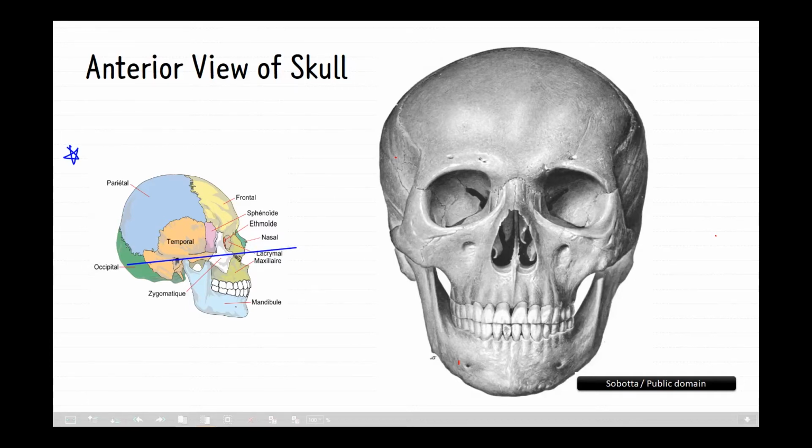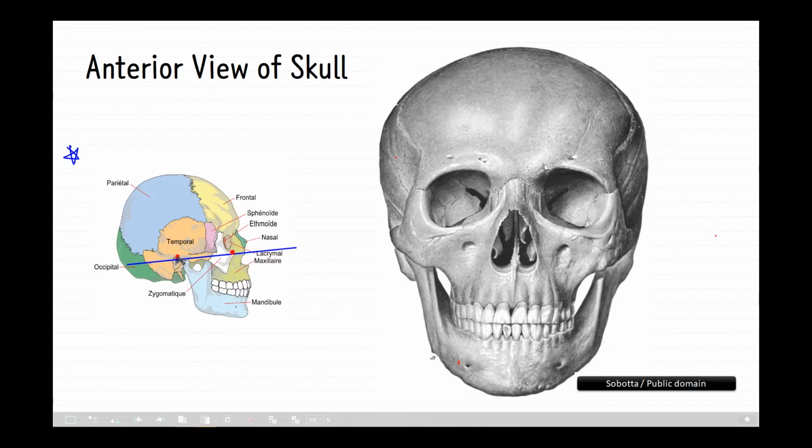In this figure, these points are the inferior margin of the orbit, and this point is the superior margin of the external acoustic meatus.